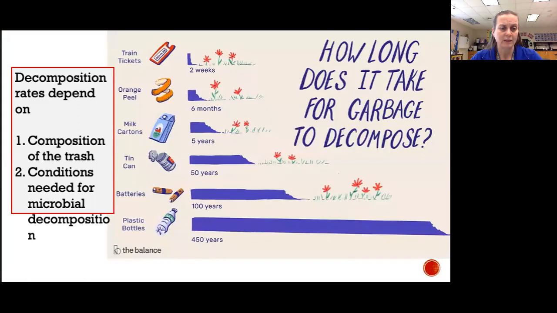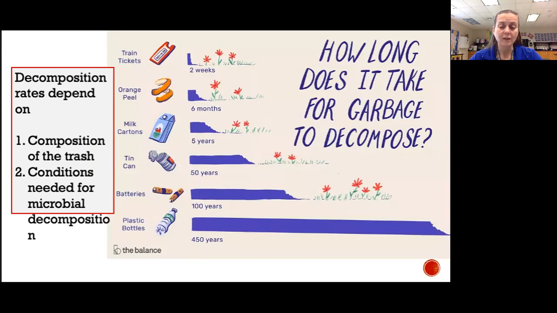Temperature also affects this. But you'll notice that things like plastic bottles take 450 years to decompose. That's slower than metal. So we don't want to rely on decomposition to solve our trash problem.